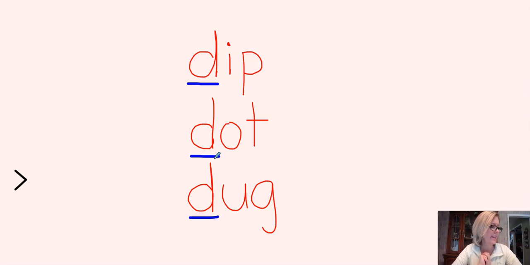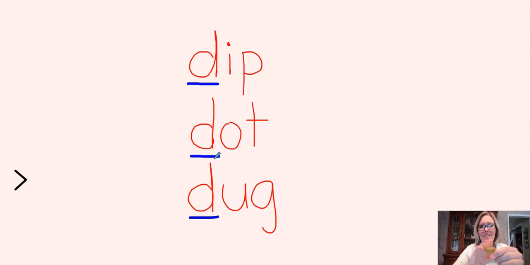Now, this is an animal, and it's related to wolves. There are different breeds. Like an example of a breed would be a poodle or a retriever, and sometimes this is called man's best friend. Do you know what it is?